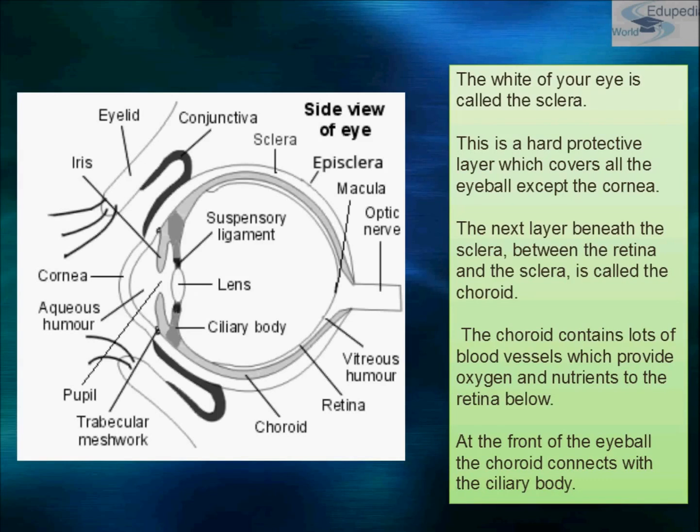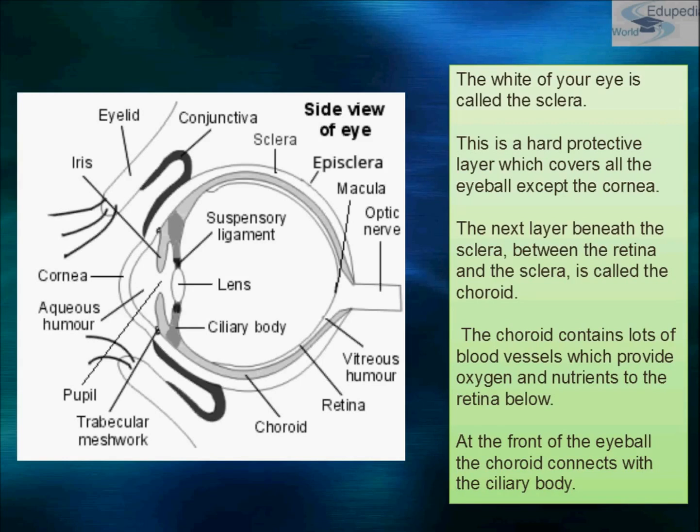Now what does the lens do? This is your lens. Lens is a solid, elastic and biconvex body, which is made up of epithelial cells with clear and transparent cytoplasm.